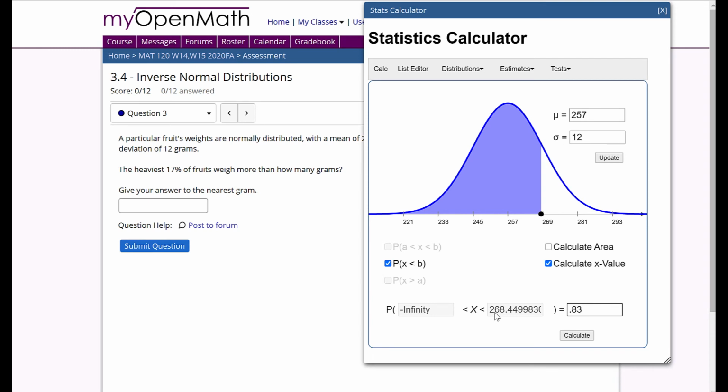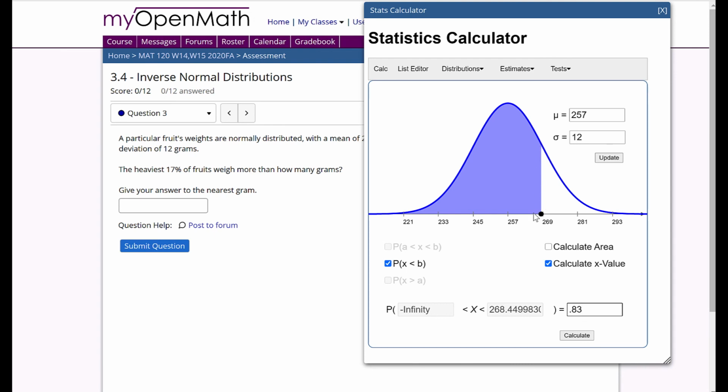and it comes up with 268.45 in this case. And it did say to give your answer to the nearest gram. And that makes more sense with the situation because this is a boundary. In white here is the heaviest 17%. In blue is the lightest 83%.